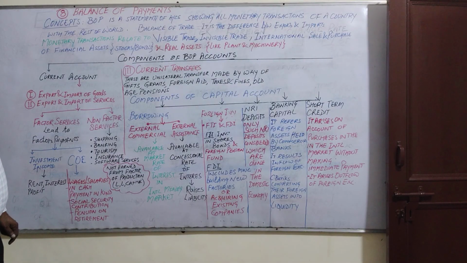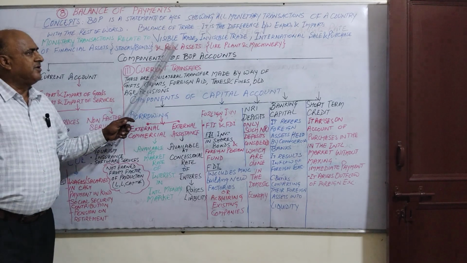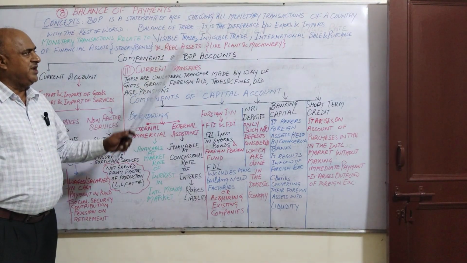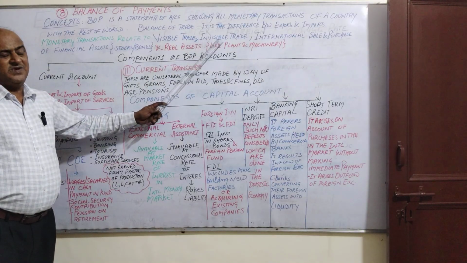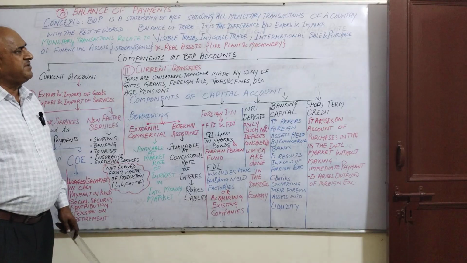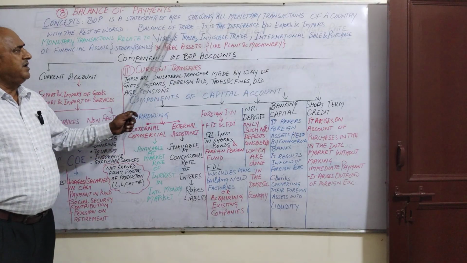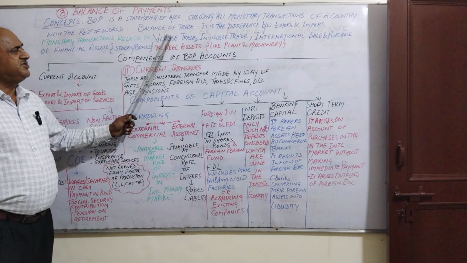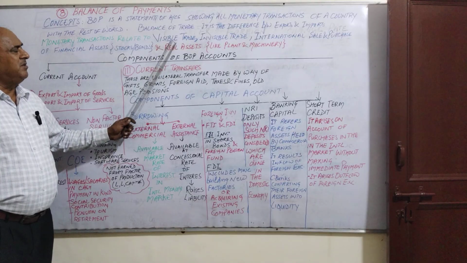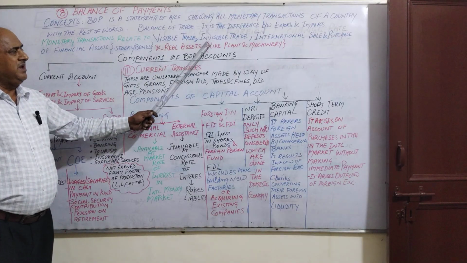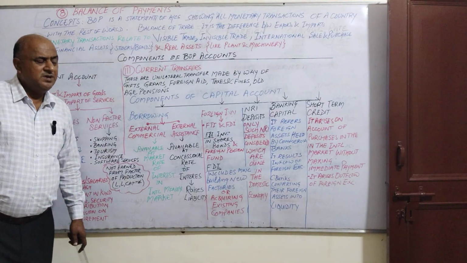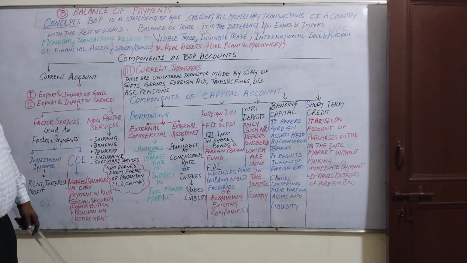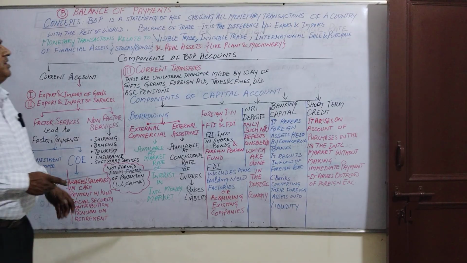These are those trades which can be seen while crossing the border, especially goods. On the other hand, invisible trade is export and import of services, which cannot be seen while crossing the border.